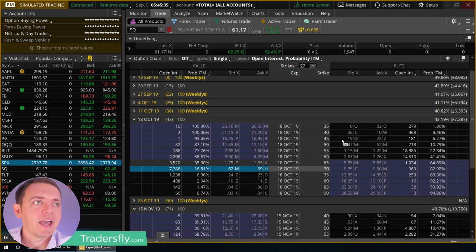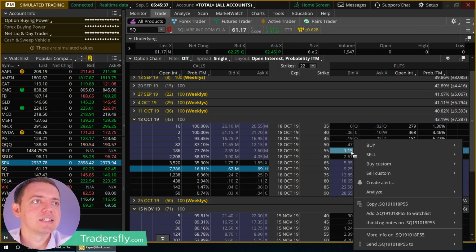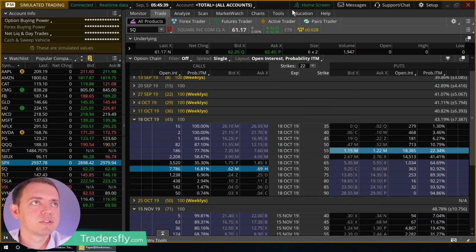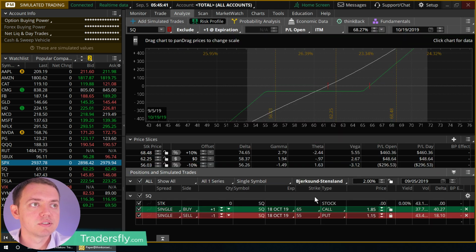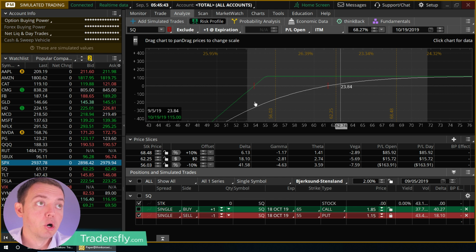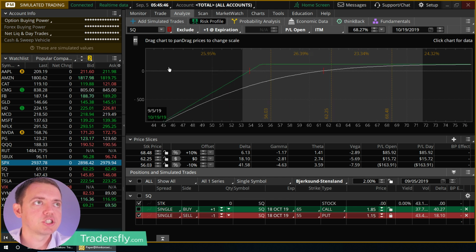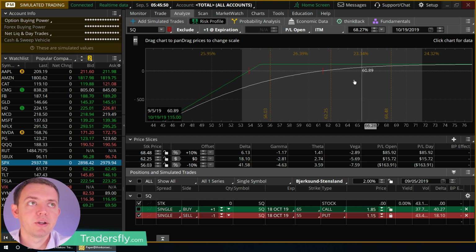Whereas if I go ahead and let's just say I sell a put, which is called selling a naked put or selling a naked contract, here stock stands still, I make money. Stock goes up, I make money. Stock goes down, even if it goes down a little bit, I make money. And it's got to stay above basically my selling price at 55 for me to really lose.